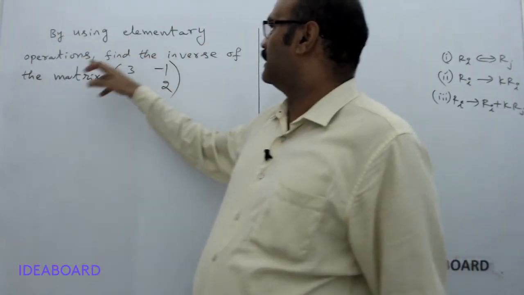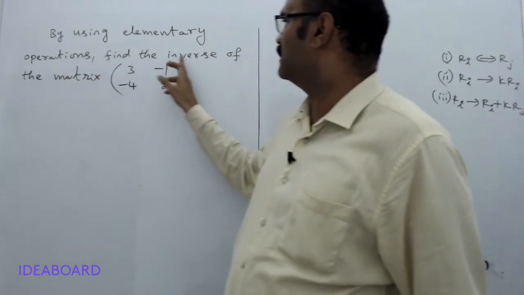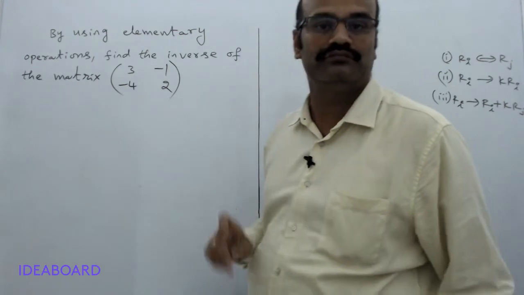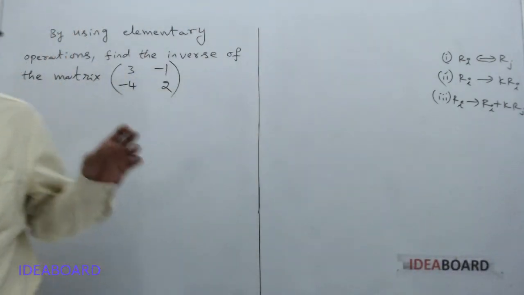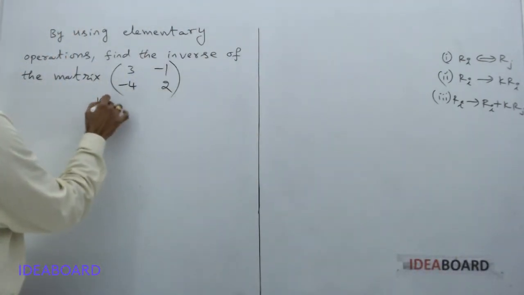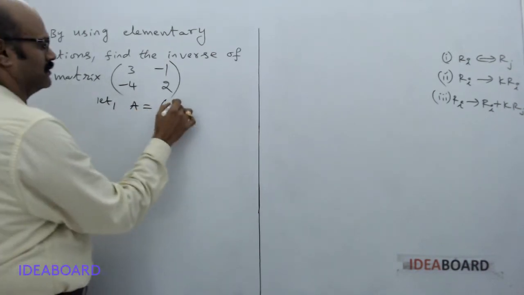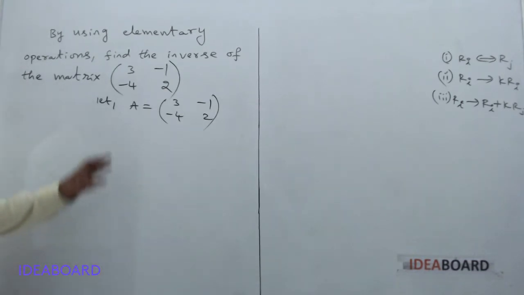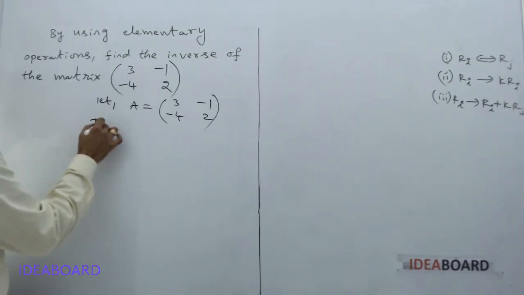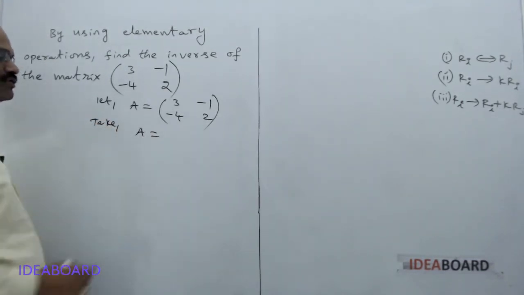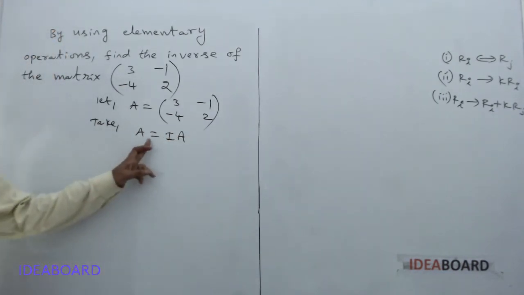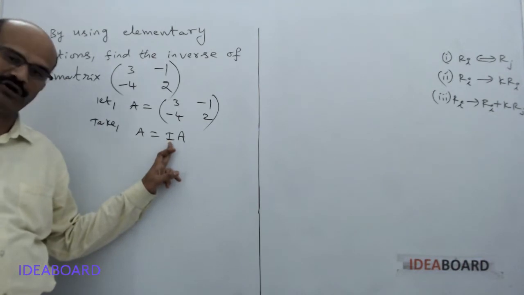By using elementary operations find the inverse of the matrix [3, minus 1; minus 4, 2]. Let A equal to [3, minus 1; minus 4, 2]. Now take A equal to I into A. Whenever you take A equal to I into A, we have to take row operations.